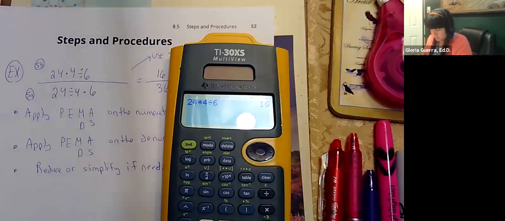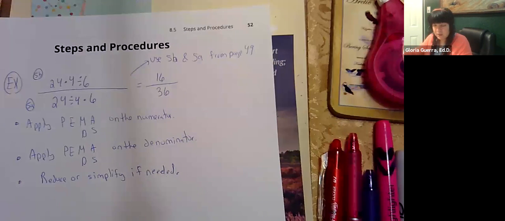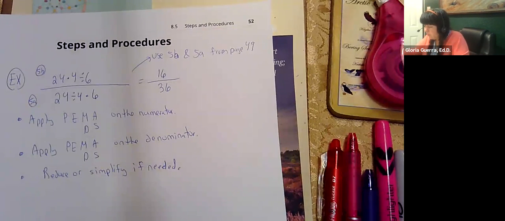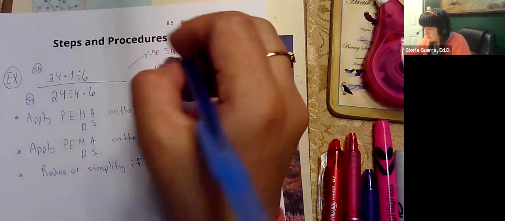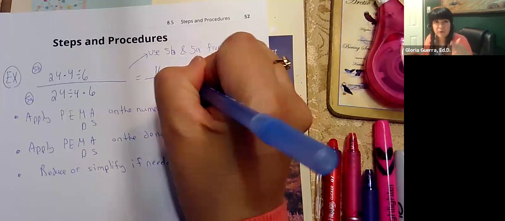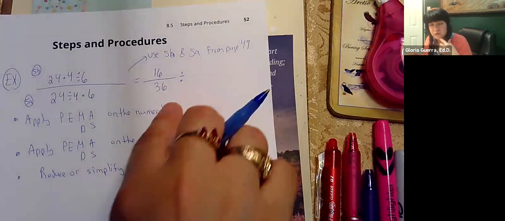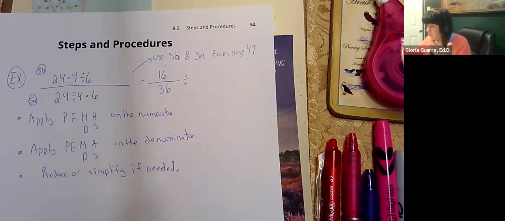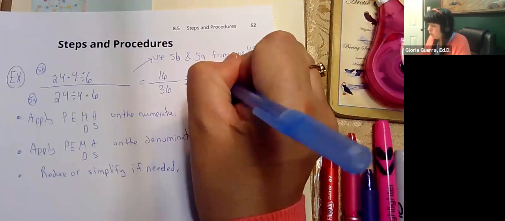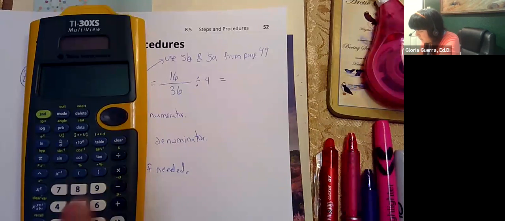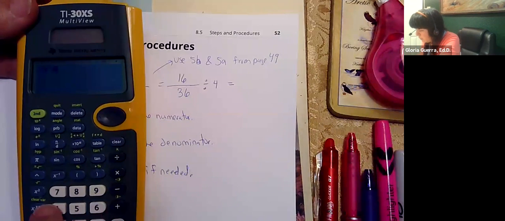Okay. But once you show your work here and here, you get that, then you've got to reduce it. It looks like this can be reduced repeatedly by 2, because these are even numbers. But I think if you go larger than 2, like 4, that would work too. Let's see, faster. 16 divided by 4 is 4.